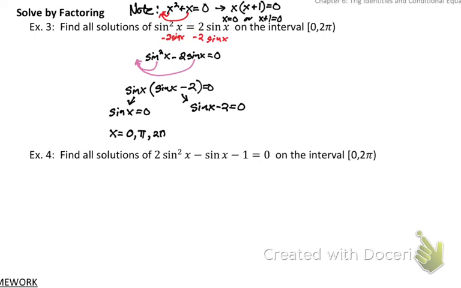Because it's the same thing as 0, and more specifically, if you look up here, it says 0 to 2 pi. Do you notice the parenthesis after the 2 pi? That means do not include 2 pi. So that's why we do not include 2 pi. I'm going to cross that out, and I'll just highlight 0 and pi.